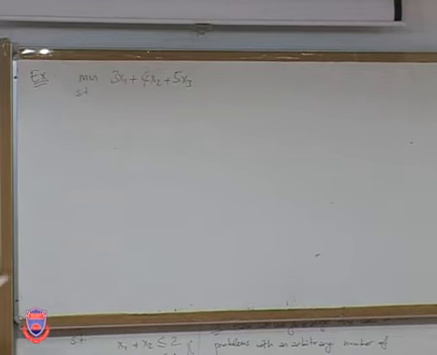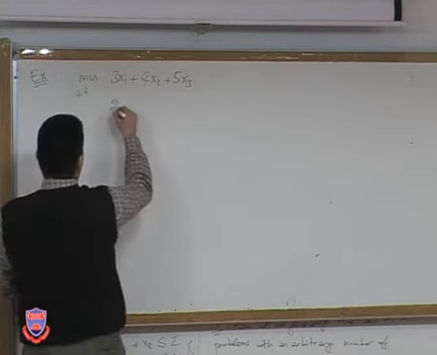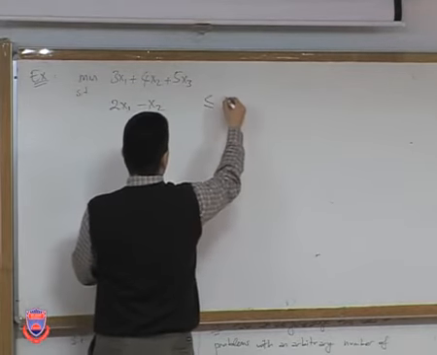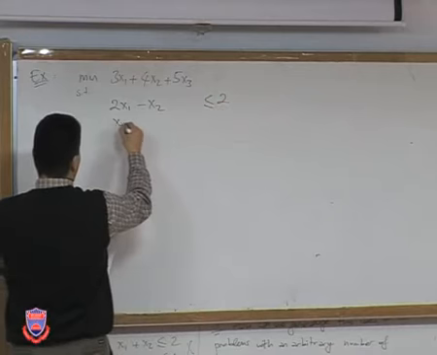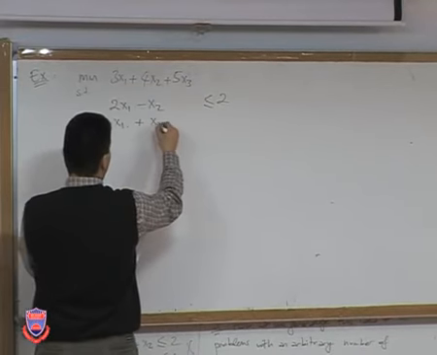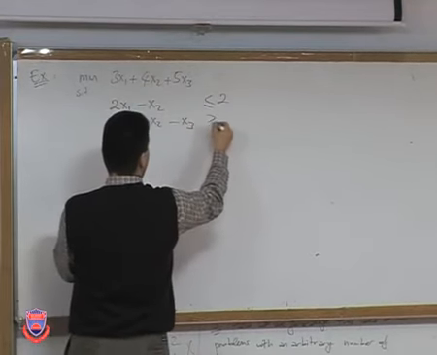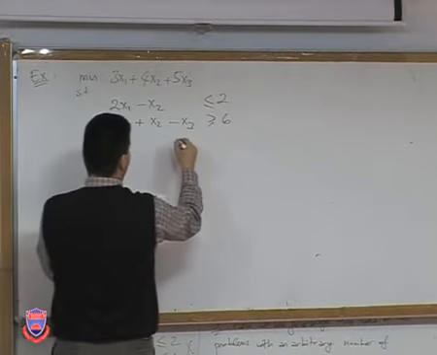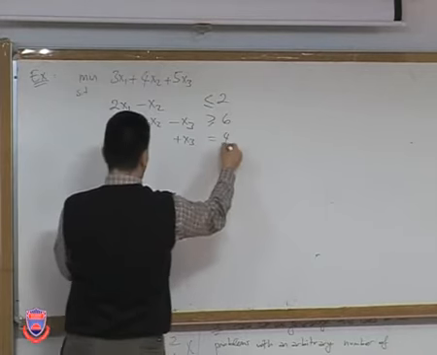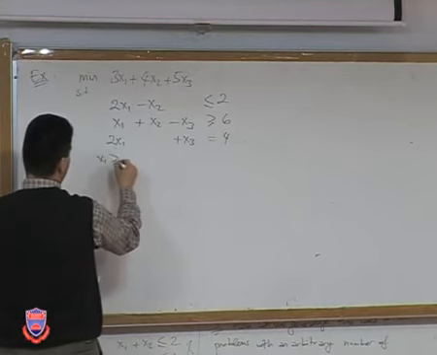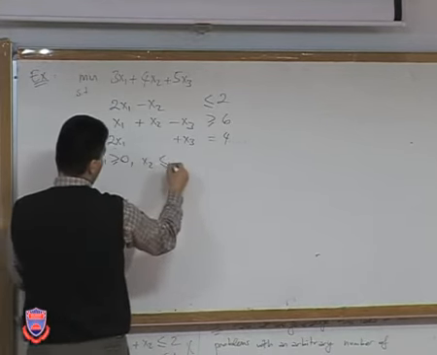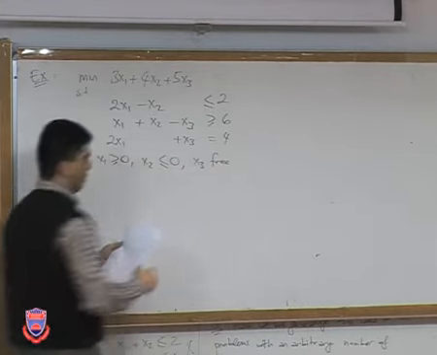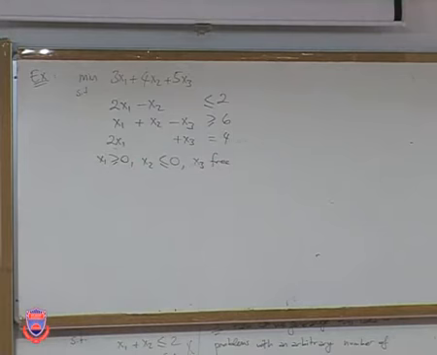And I have the following constraints. 2x1 minus x2 is less than or equal to 2. Then x1 plus x2 minus x3 is at least 6. And 2x1 plus x3 is equal to 4. And then x1 is non-negative, x2 is non-positive, and x3 has no sign restrictions. So x3 can be anything, for instance.